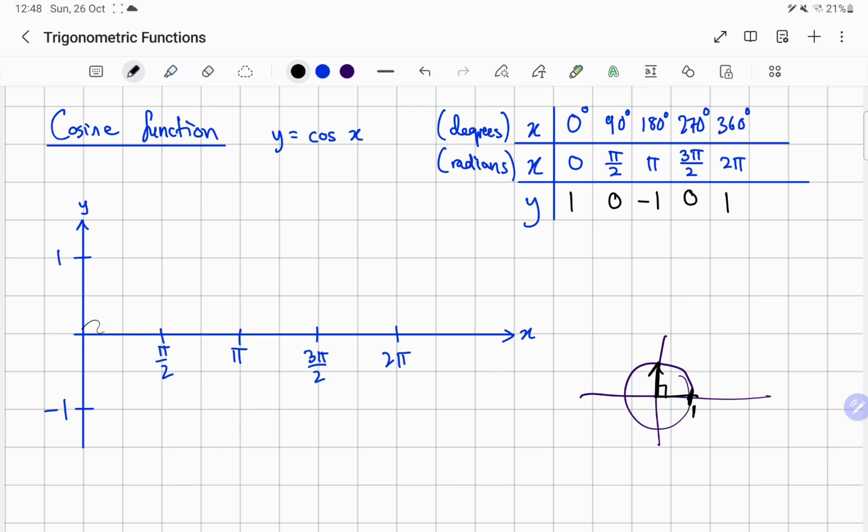What you will get is that cosine of 0 is actually 1, and then it comes down to 0, and then when you go 180 degrees or pi radians, it goes to -1, and then it goes back to 0 at 270 degrees, and then you will end up with 1 when you come a full circle.